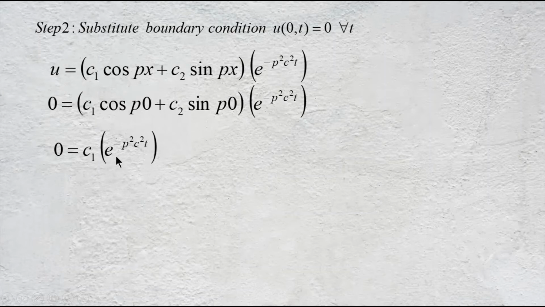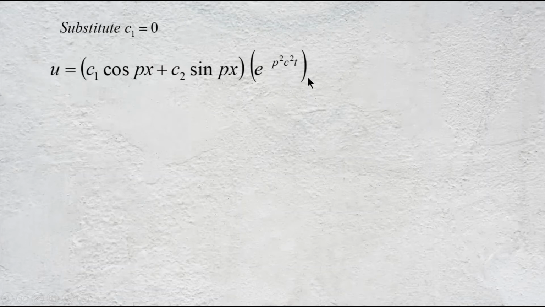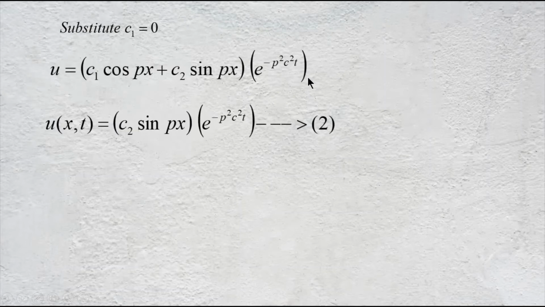And you know that e raised to minus p square c square t is not always 0 for any time t. So this is happening only when C1 is 0. Now substitute C1 equal to 0 in this equation. Upon substituting, you get another newly found equation, call it equation number 2.